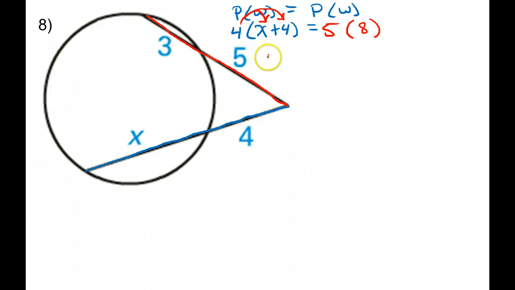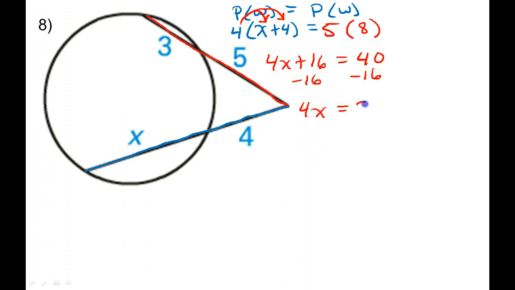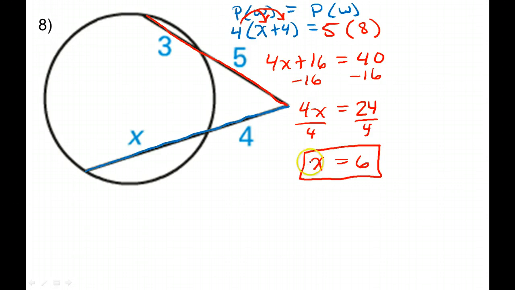So that's going to become 4x plus 16 is equal to 40. Let's subtract 16 from both sides. So that'll give us 4x is equal to 24, divided by 4, and you get x equals 6. All right, that's how you do number 8.